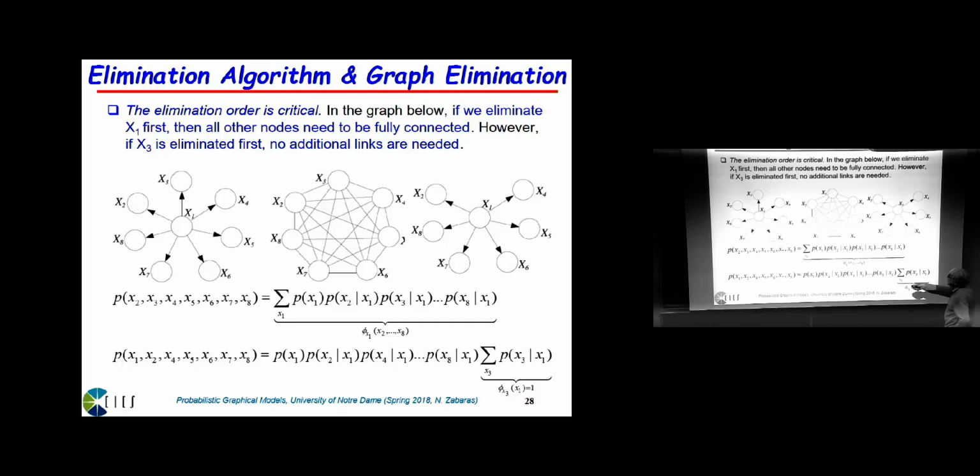I'm writing here the joint probability distribution factorized on the graph, right? If you eliminate x1 first, what's going on? So the dependencies now will be between all variables. All variables depend on everything else. Good luck. You took something that was not looking bad, and now you have a graph that is fully connected.